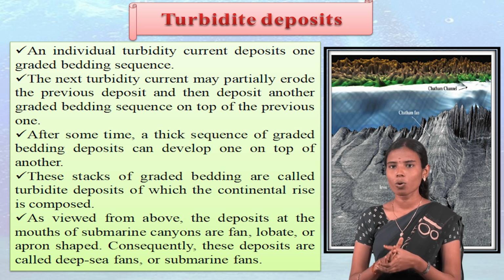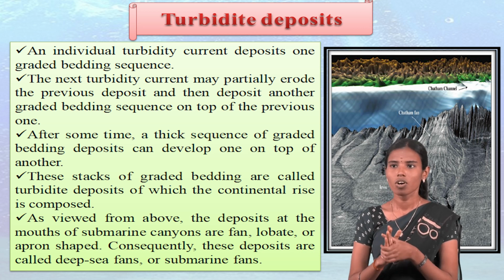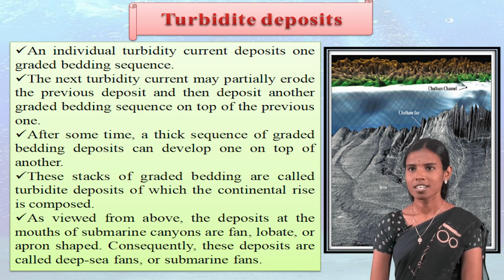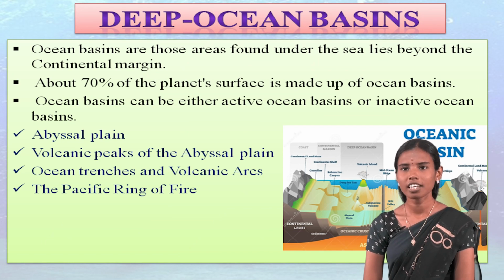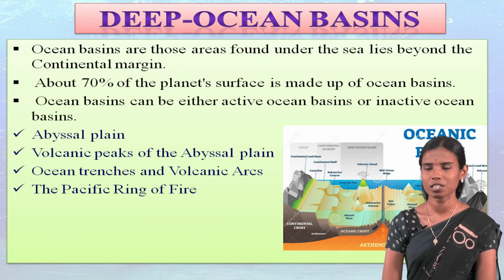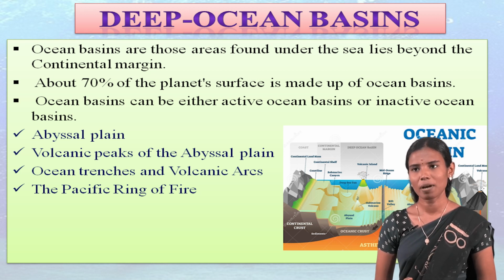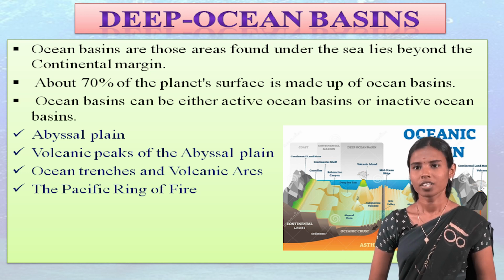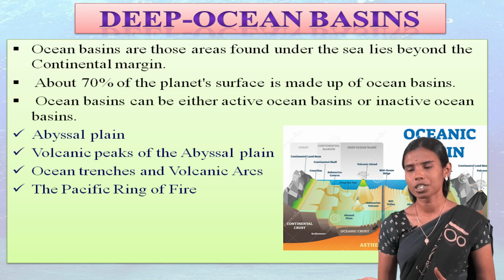As I already told, about 70% of the earth's surface is made up of ocean basin, and it can be either active ocean basin or inactive ocean basin.